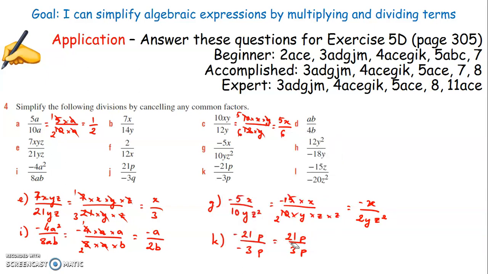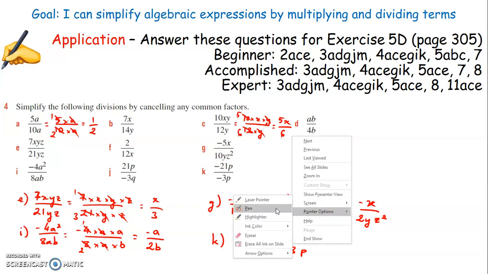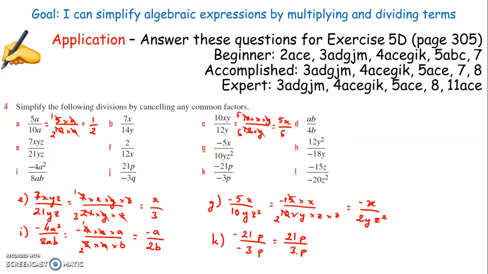Okay, let me erase that. So now we have 21p over 3p. What number can go into 21 and 3? That number would be 3. 3 goes into 21 7 times. 3 goes into 3 1 time.